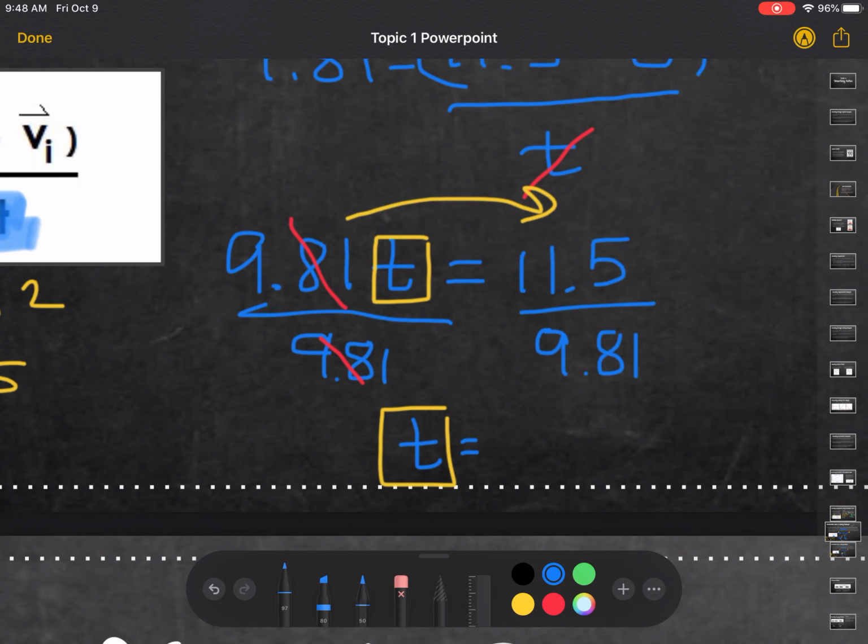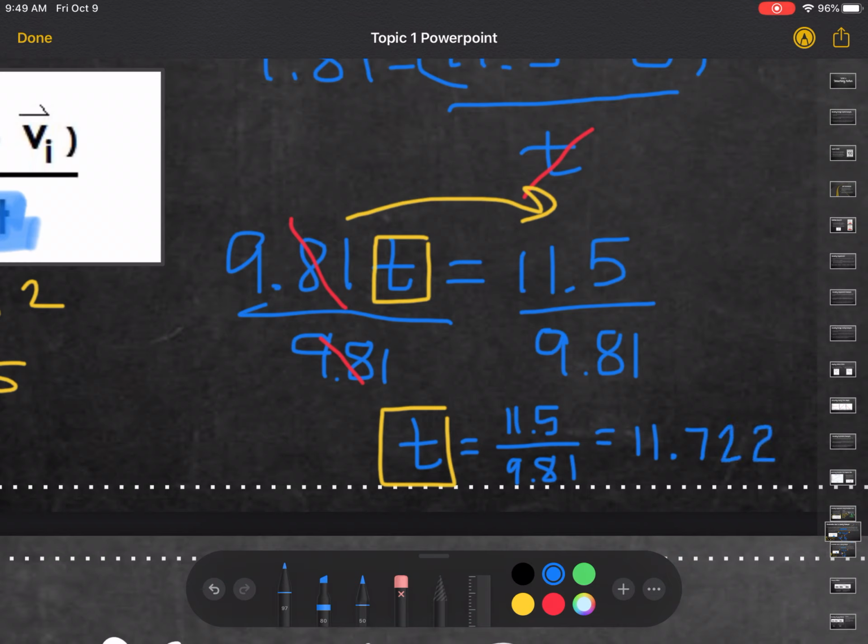And then we need to do in our calculator 11.5 divided by 9.81. I'm just going to do that on my calculator. I got 11.7227. So I want it to 2 decimal places.